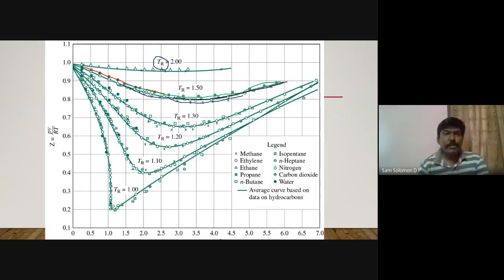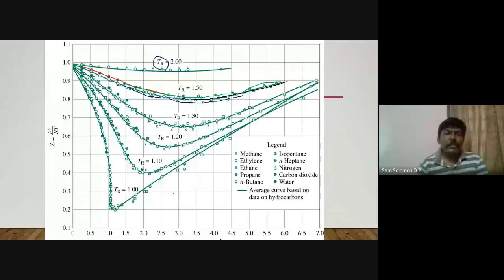You can see this green line, this red line, this blue line, this black line are all very close to each other for a TR of 1.5. Just like I did for this case, you can do it for other cases also. Here you have this black circle, here you have the square. They are not at the same point, but they are very close. They have fitted a best curve here, and that is the common curve that you get for this particular reduced temperature.